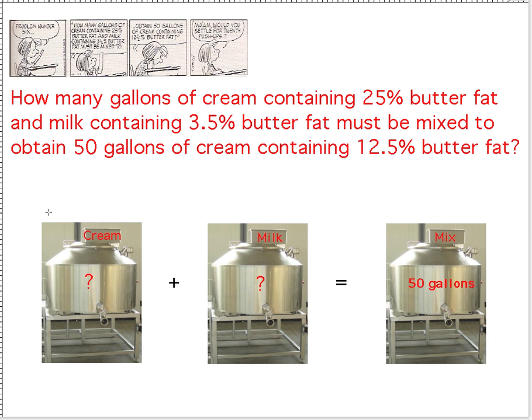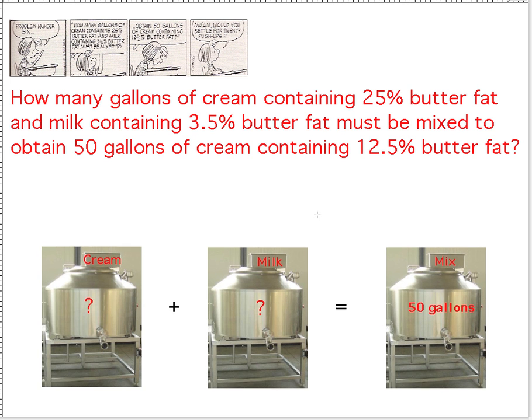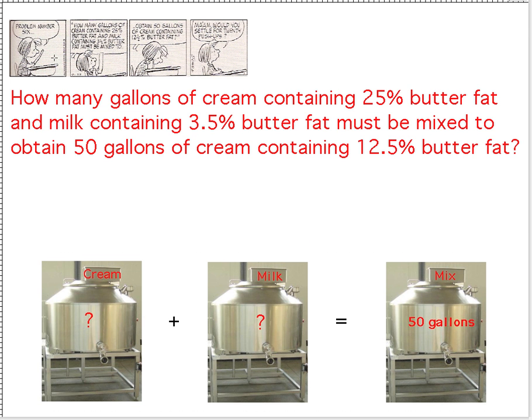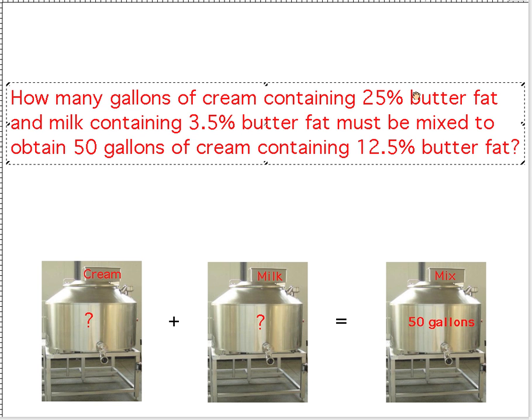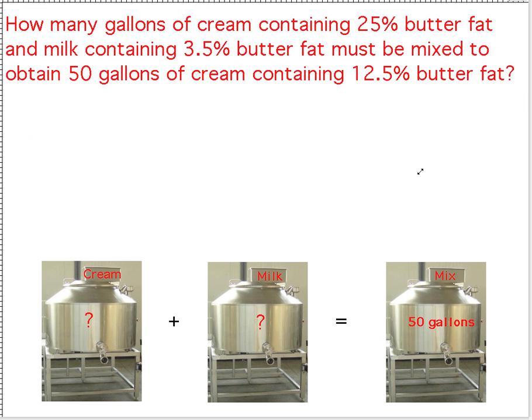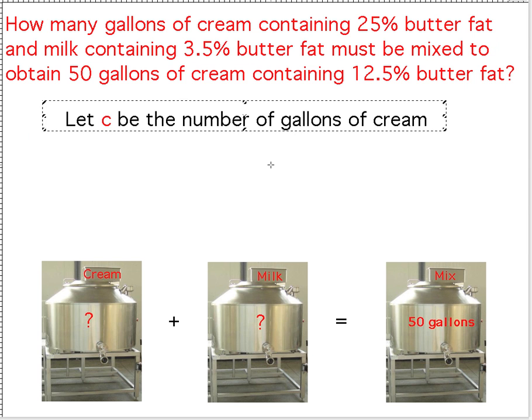Let me create some space for that here. In other words, I'm going to define my question marks. And when you do that, I suggest you be a little bit more descriptive than the textbooks normally hint at. In other words, what I suggest we do here is let C be the number of gallons of cream.